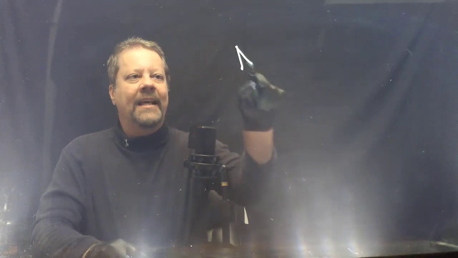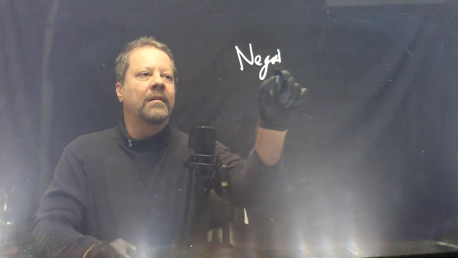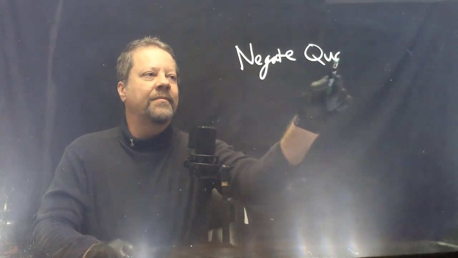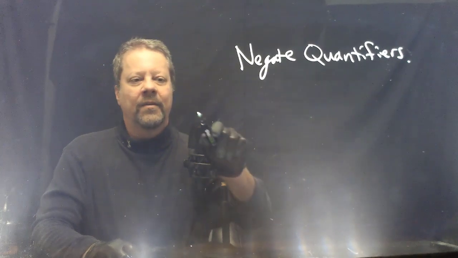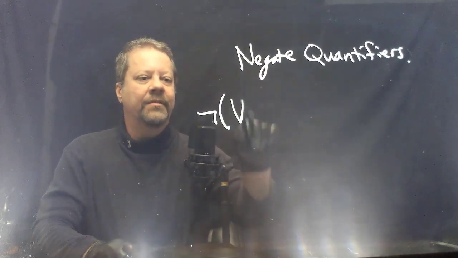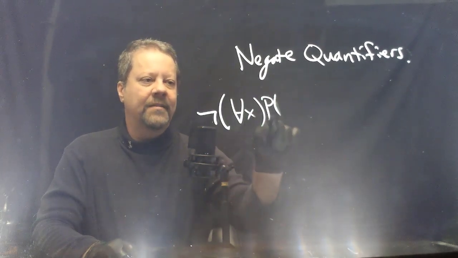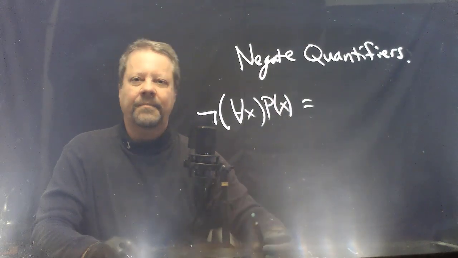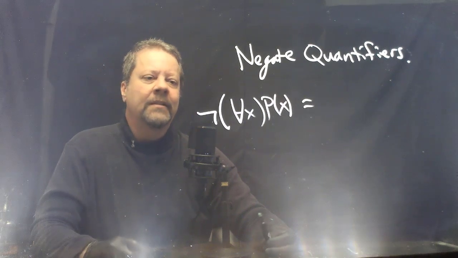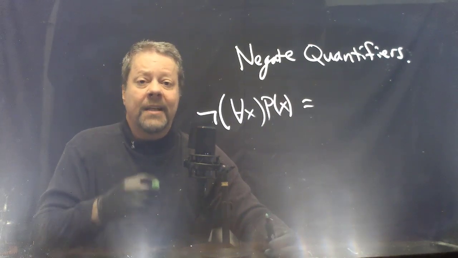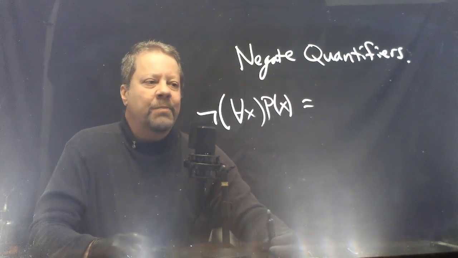How do you negate quantifiers? What if we say it is not true that for all x, P of x? You're saying the proposition P of x doesn't hold true for all x, which means that there does exist some x for which P of x is false.